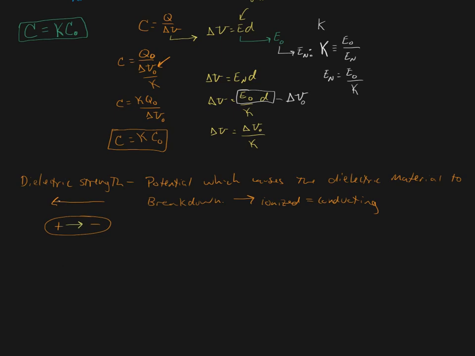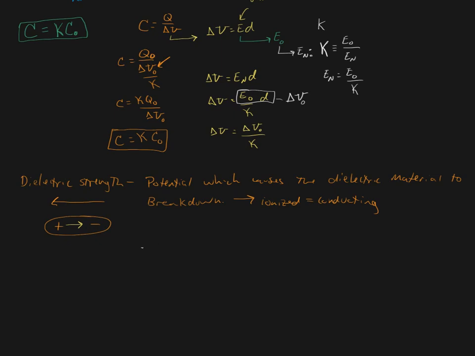But the stronger this electric field is, the more this molecule is going to polarize, the more elongated it becomes. But eventually this electric field becomes so strong that you literally rip electrons off of the molecule, and when that happens it becomes ionized. And now we have a conducting path through the material itself, and you have reached the breakdown, or you've exceeded the dielectric strength.